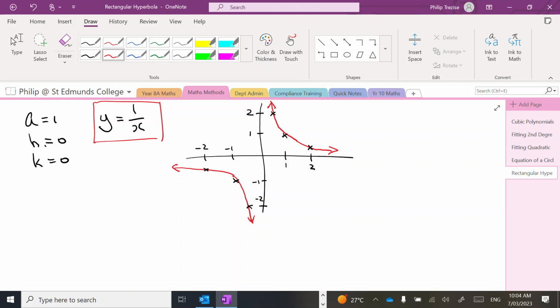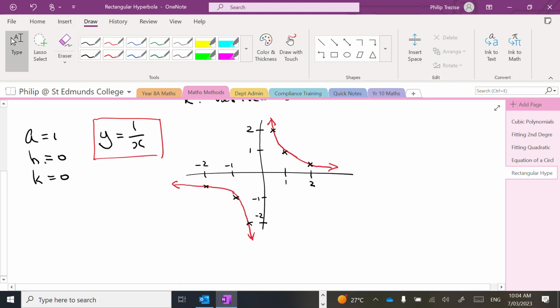Let's now consider what would happen if I did a vertical scaling factor. So perhaps I'll switch to blue. Let's do a different graph: y equals 2 over x. So my value of a is 2. Now, I can pretty much just go to every one of the points I've already done and multiply the y-coordinate by 2. So instead of this point here with a y-coordinate of 1, I would go to a y-coordinate of 2.